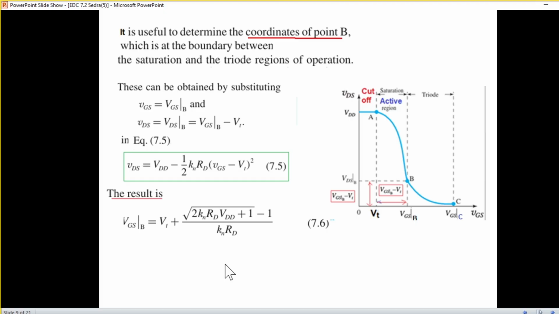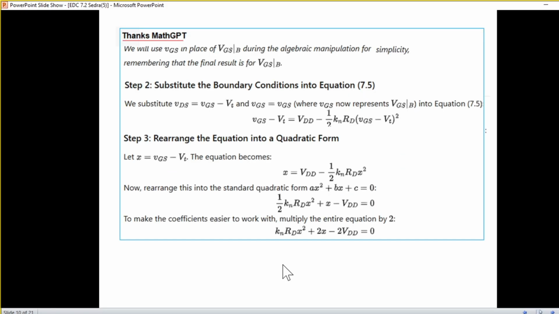Initially, I was not convinced how to get it, but I tried. It was difficult, could not find. So I took help of an AI tool. MathGPT helped me, and I will not go into the details.